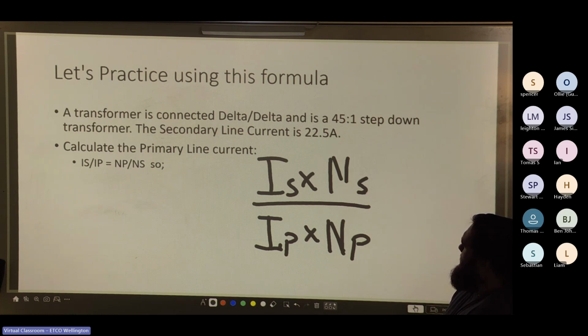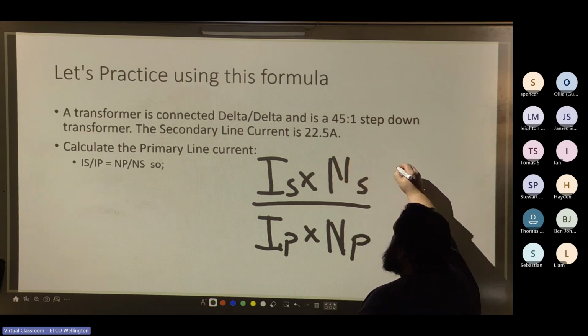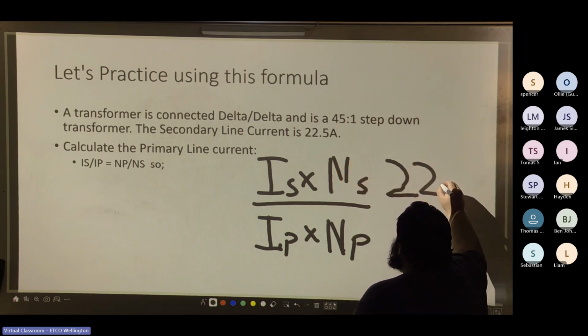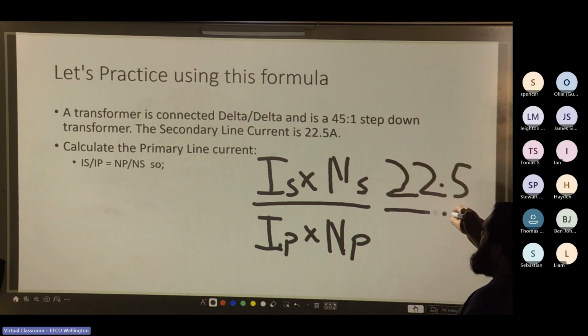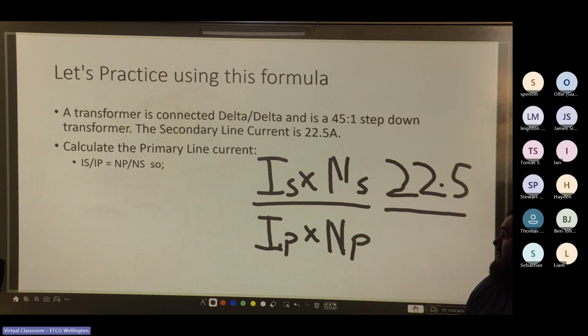So we know our secondary current is 22.5 times 1, which is 22.5. We can't multiply by the primary current, that's what we're trying to figure out, so we get rid of that in the equation, and then we just use the number of primary turns, which gives us 45.